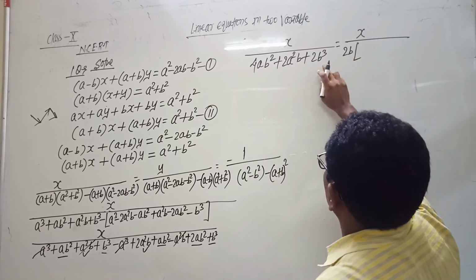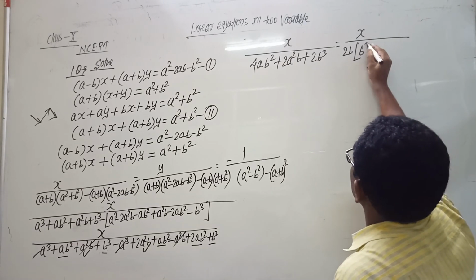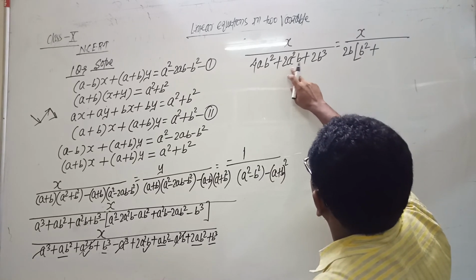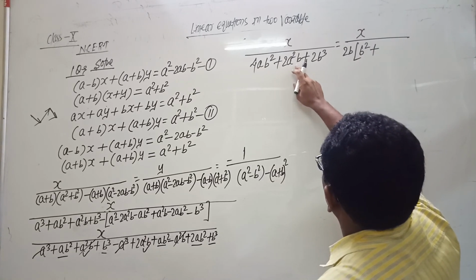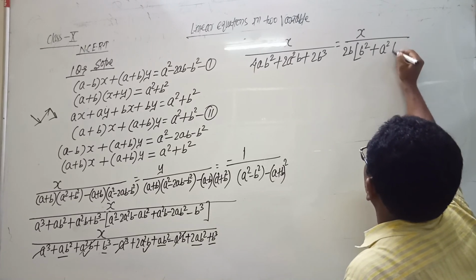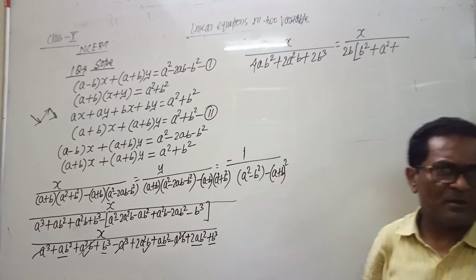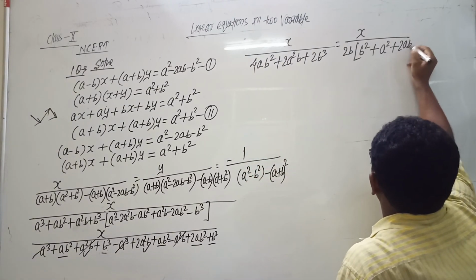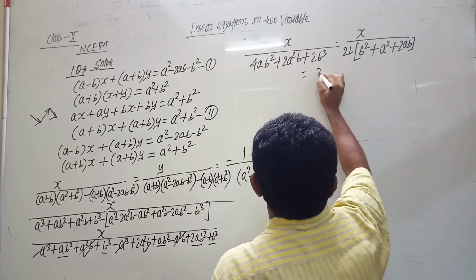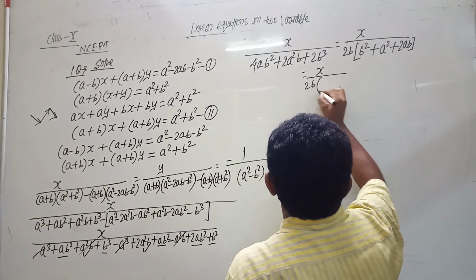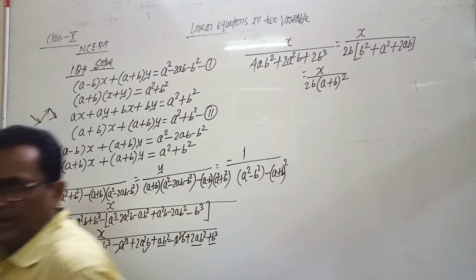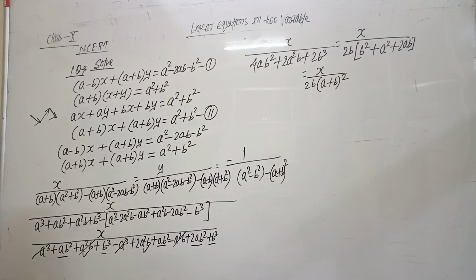From here we get b square and plus, from here we get a square, and from here we get plus 2ab. 2b we have taken common, so it remains 2ab and it gives x upon 2b, and this may be written as a plus b the whole square. a square plus b square plus 2ab, a plus b the whole square.